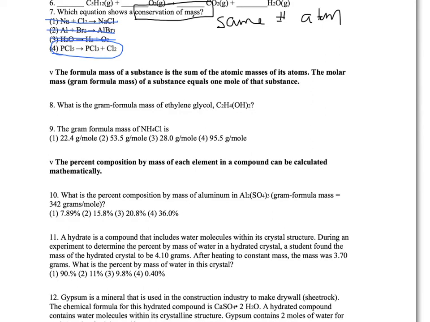The next question is asking us to find a gram formula mass. A gram formula mass is simply found by adding the masses of all the individual components of a molecule. So here we see that we have carbon, hydrogen, and then we have hydroxide.